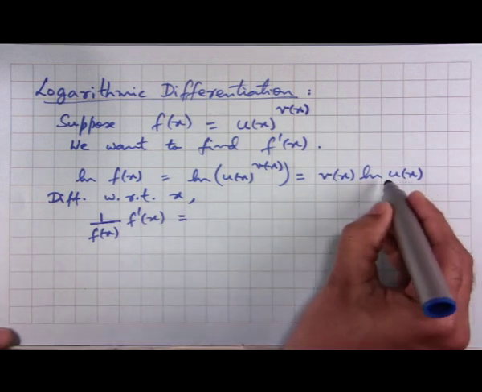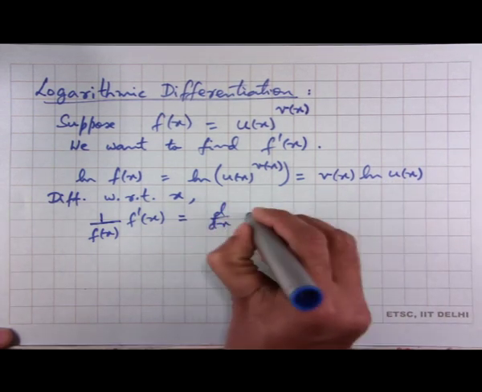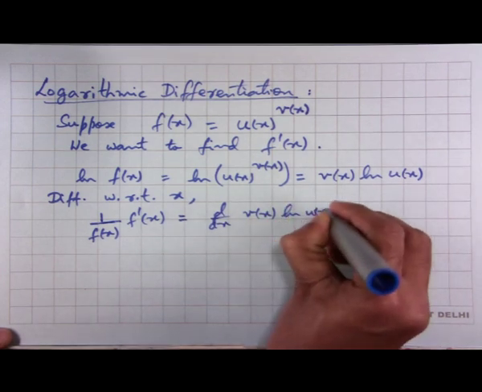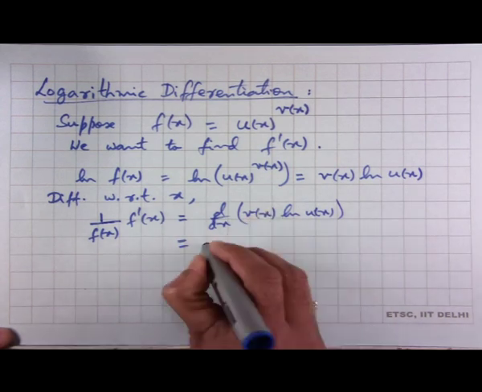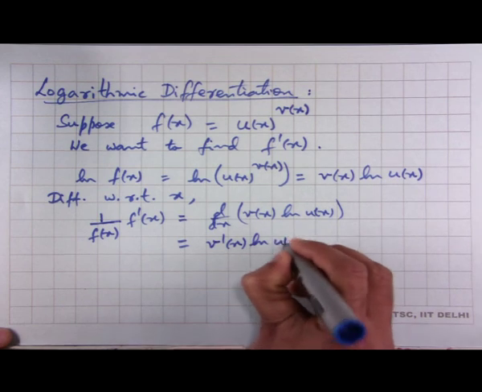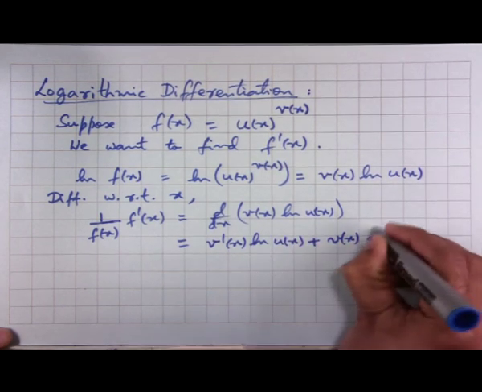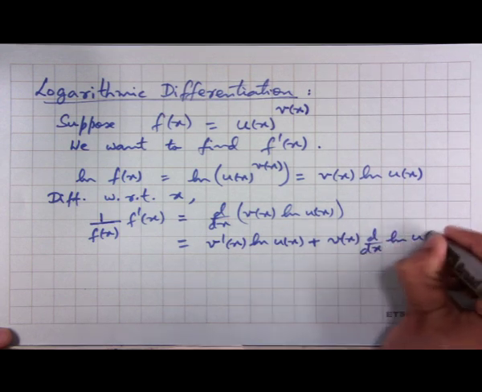And then the derivative of v x times ln of u x, here I can use the product rule. This is equal to d by dx of v x ln u x, and this is equal to v prime x times natural log of u x plus v x times the derivative d by dx of ln of u x.